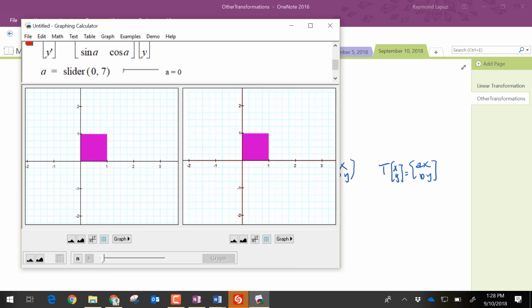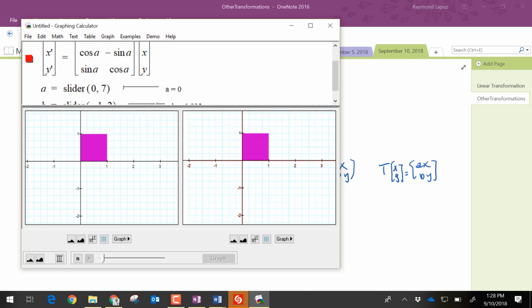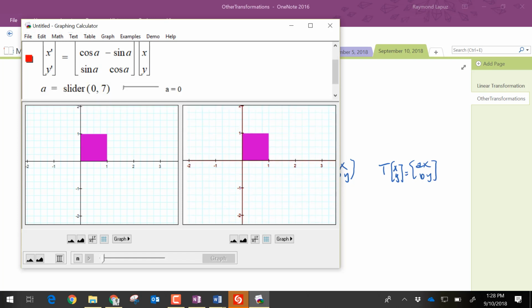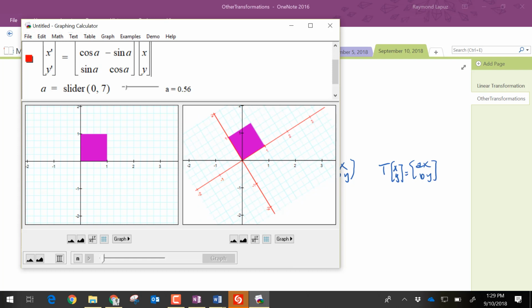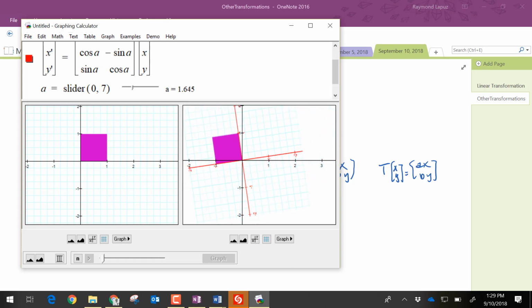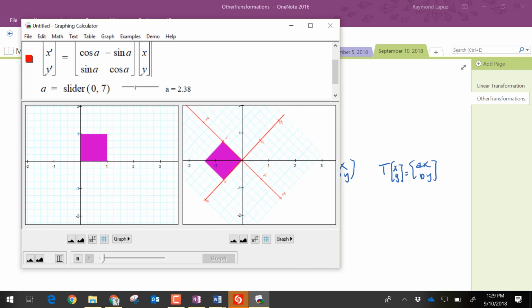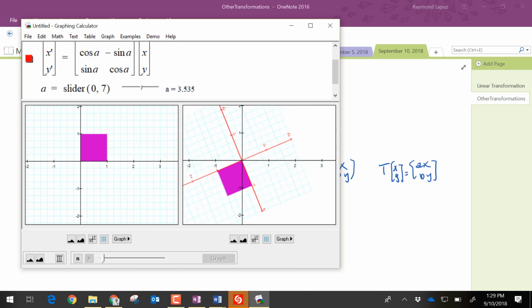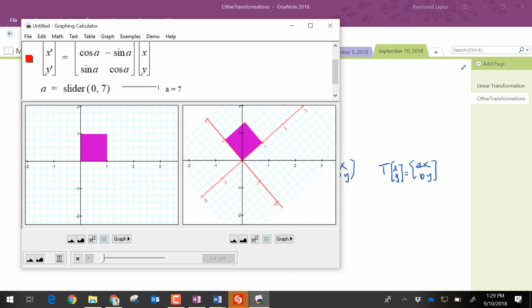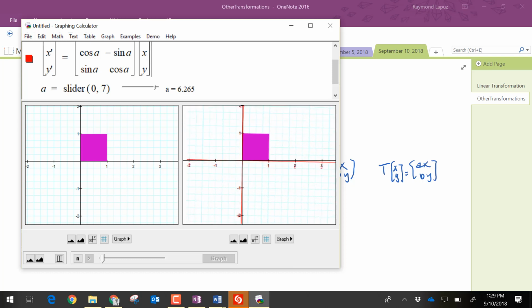When the angle A is equal to 0, we have essentially the identity. The thing goes to the same place. But when we start changing the angle, we'll see that this is going to be a rotation. Remember that the origin has to stay at the origin, so the bottom left-hand corner stays where it's supposed to be. The way this is set up, it rotates exactly by the angle that it's given, which is in this case A.